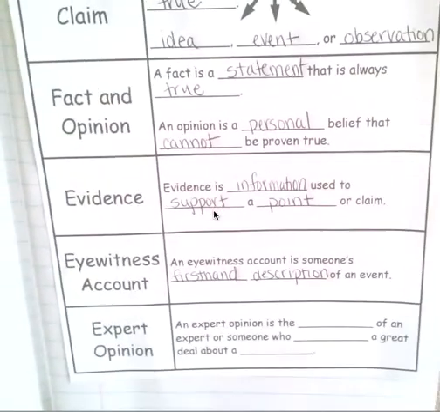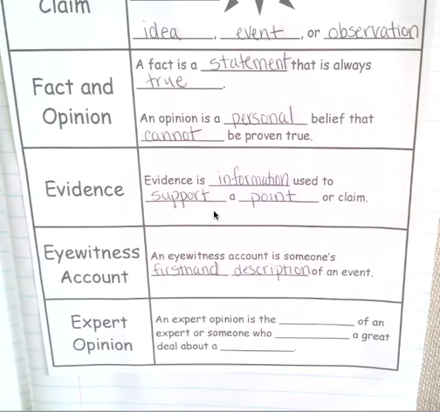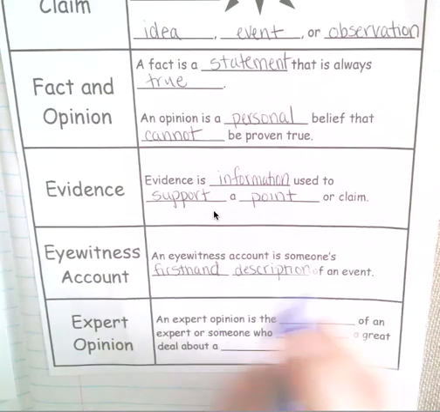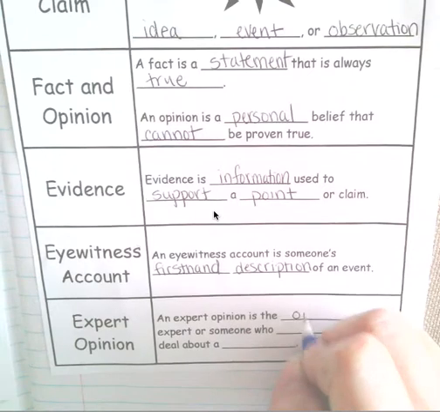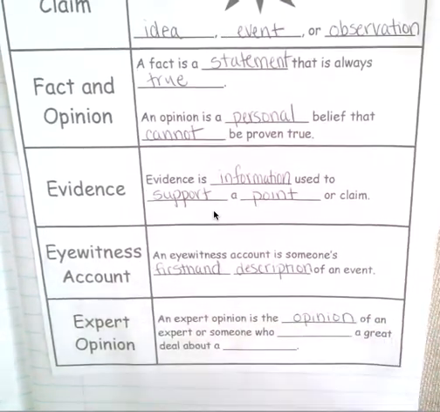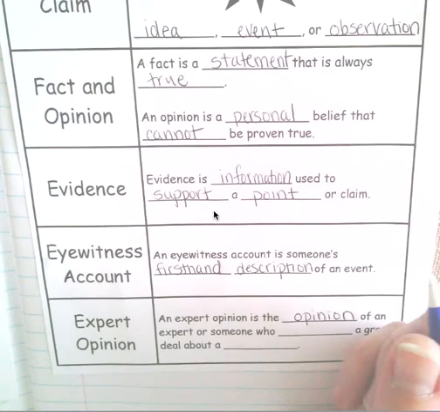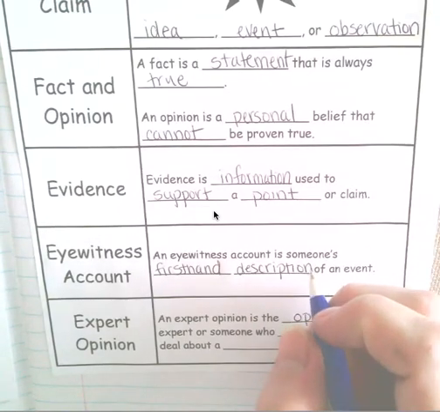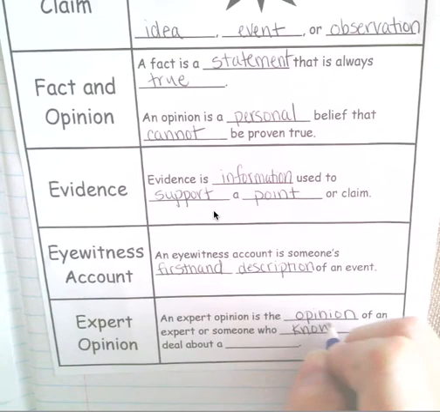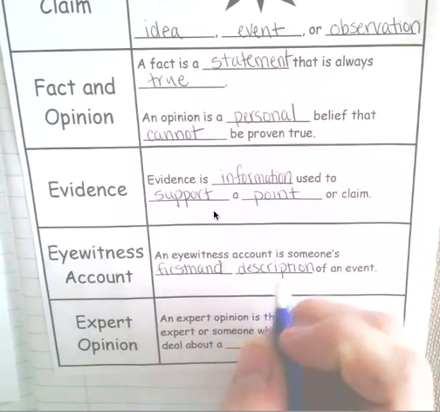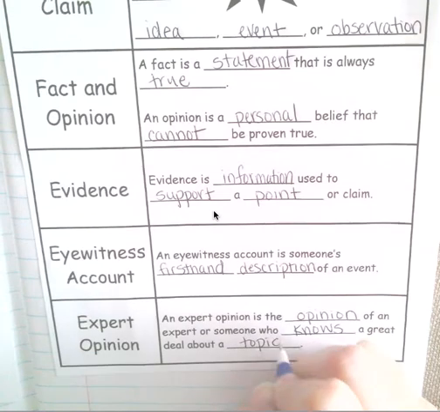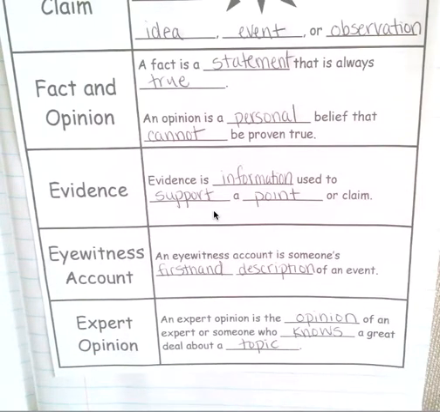And then our last thing is expert opinion. An expert opinion is the opinion of an expert, or someone who knows a great deal about a topic. Perhaps if we are talking about nutrition and your health, somebody's expert opinion would be a doctor.